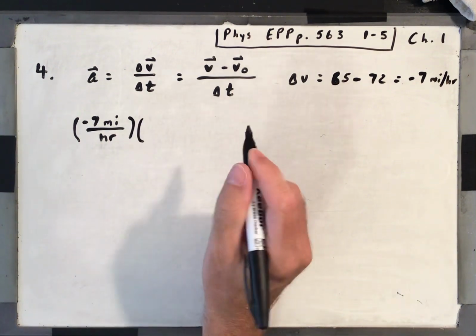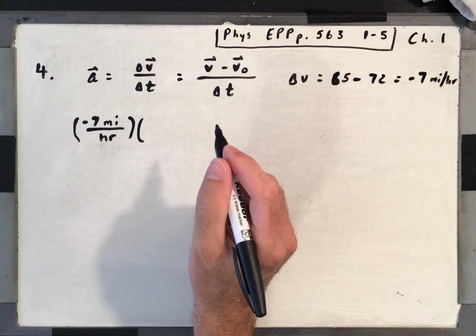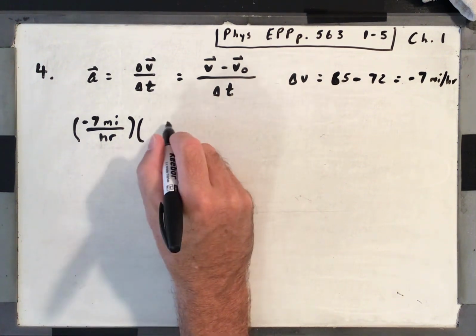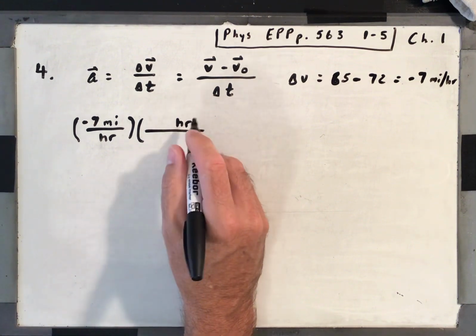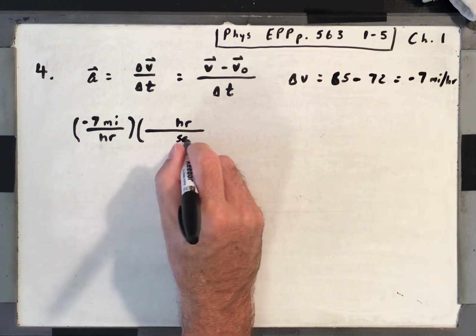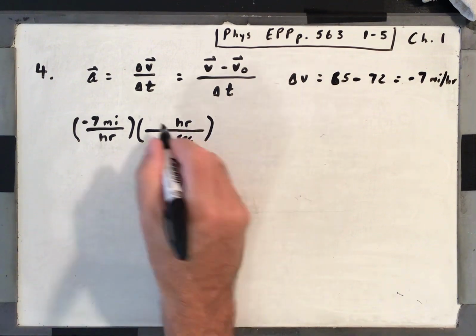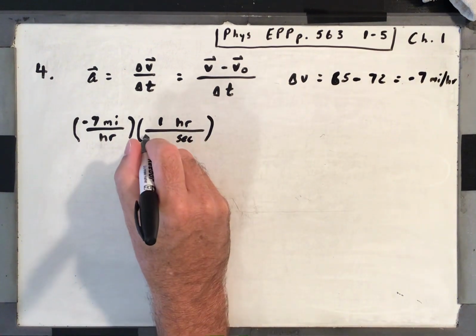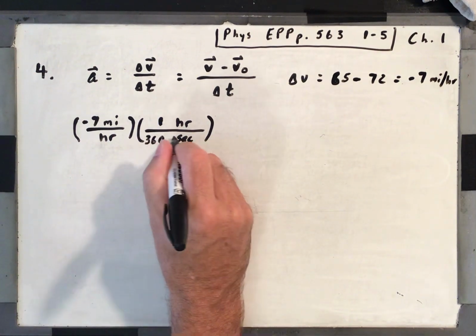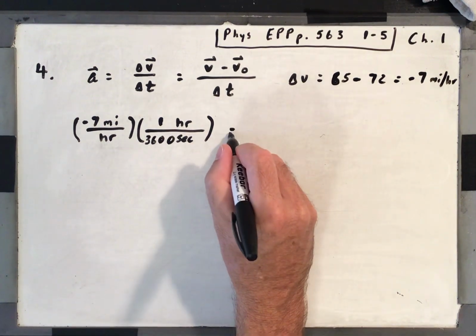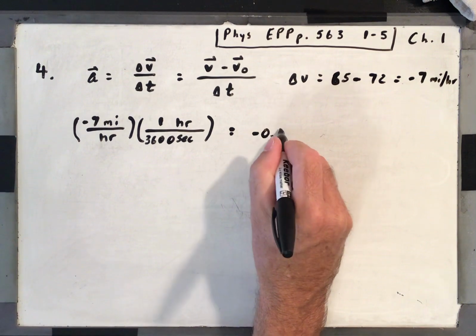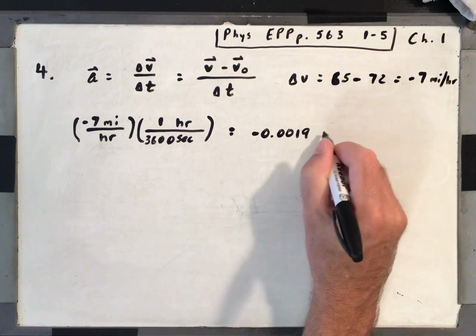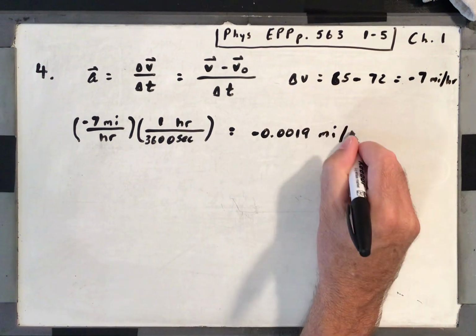And then I want to go to miles per second. So I put the unit I want to get rid of on top, which is hours, and I want seconds on the bottom. The 1 goes by the bigger one, and there's 3,600 seconds in an hour. So that's going to be minus 0.0019 miles per second.